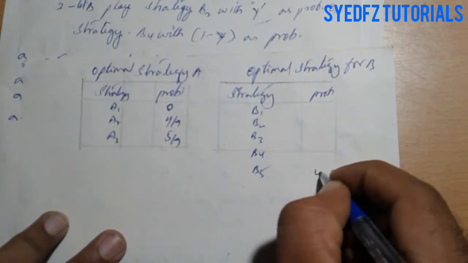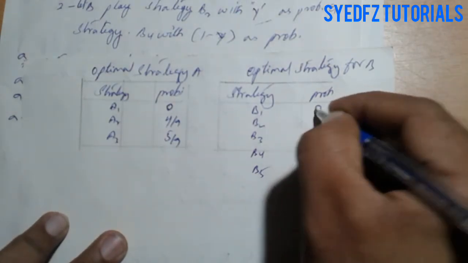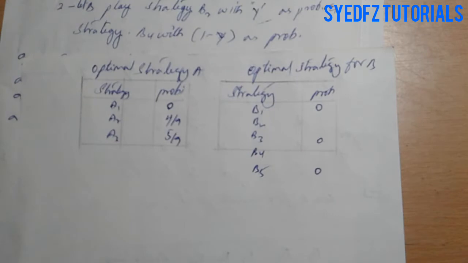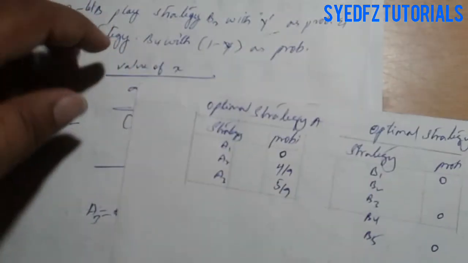B5 is eliminated. We have B2 and B4, no? So B3 also eliminated and B1 also eliminated. So take 0 for which rows and columns are eliminated. So only B2, B4 we have to calculate. So now calculate the value of y.